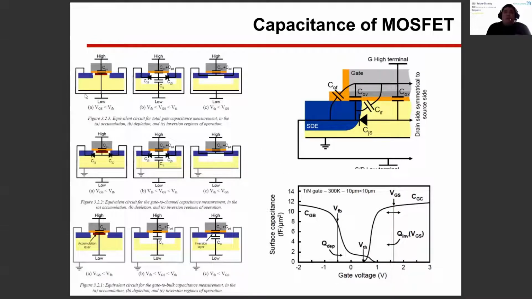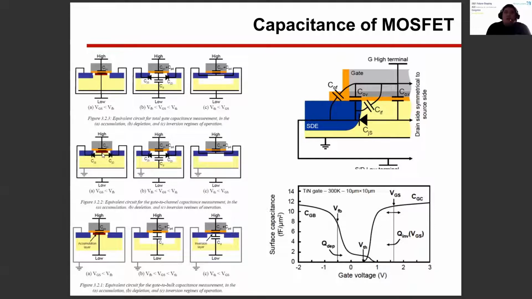If we put the circuit in these two configurations, that is, if we only plug to the gate and the drain or the source, because the MOSFET itself is symmetric, if we put the higher voltage, the channel is open and the current flows like this, so the capacitance looks like this.